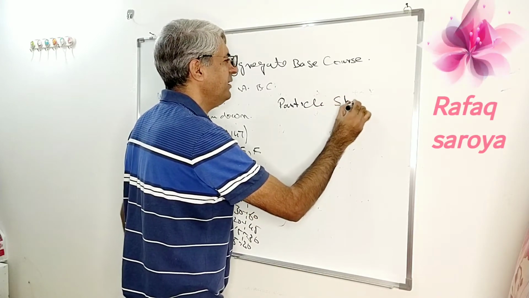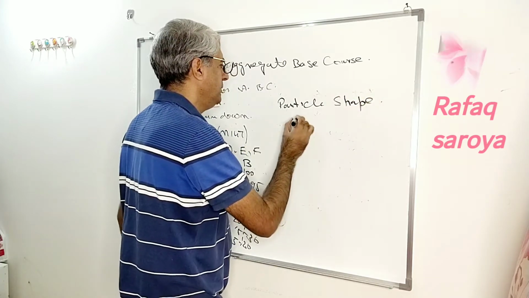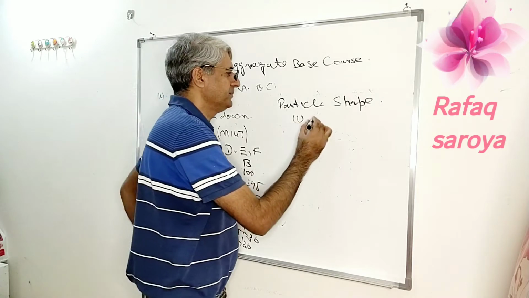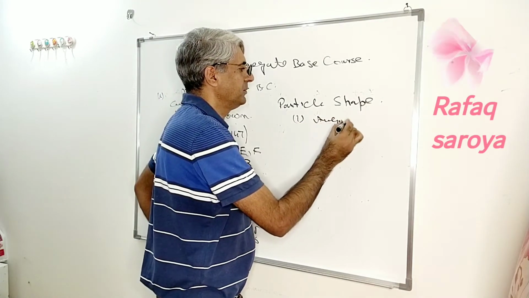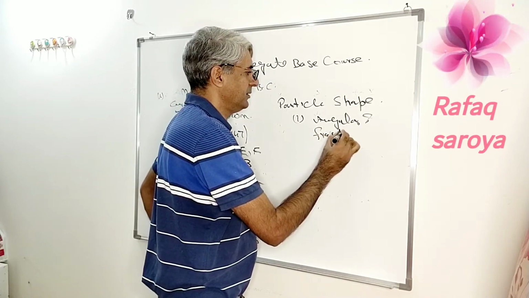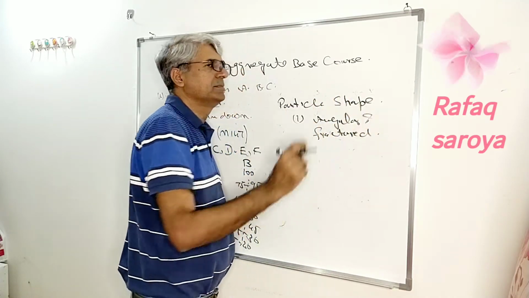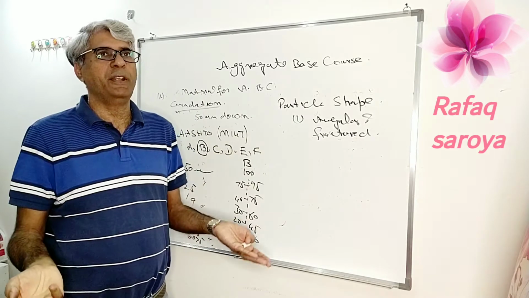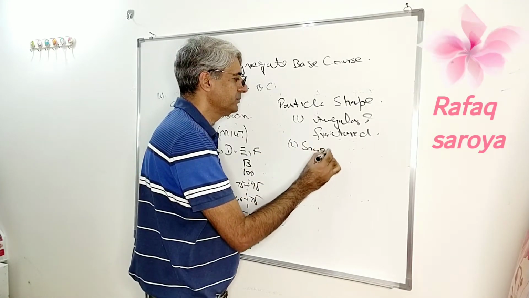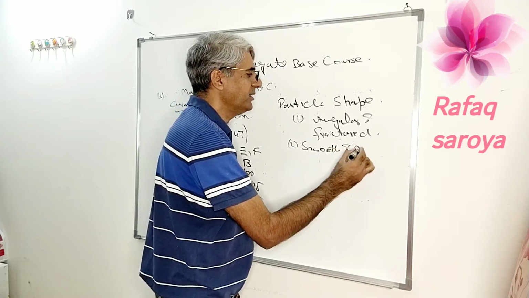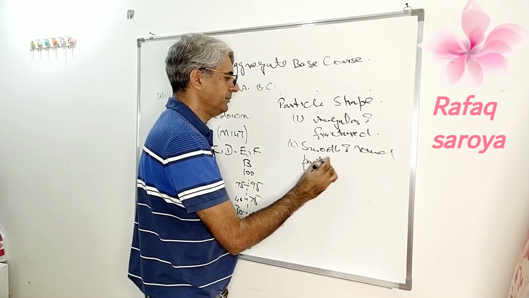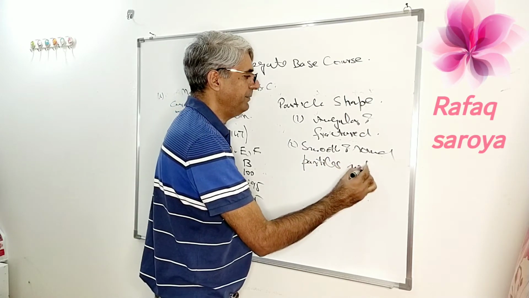Particle shape means, first thing, the particle should be angular and fractured. Round particles are not preferred. So you can say that smooth and round particles are not preferred.